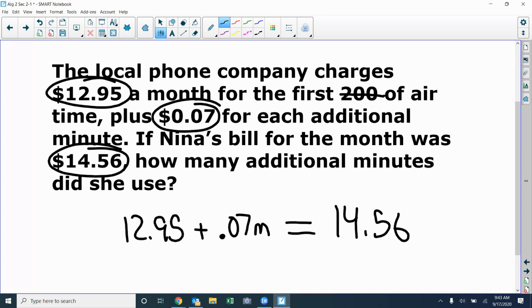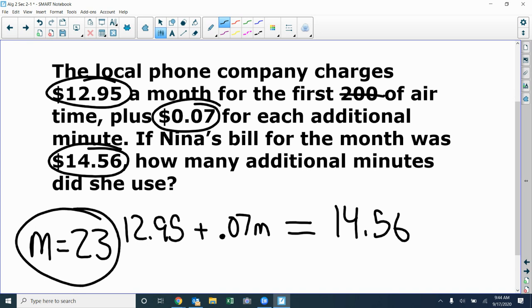And first thing we're gonna do is subtract 12.95 from 14.56. And then, of course, divide by 0.07. And she overpaid a little bit because she went over how many minutes? 23 minutes? 23, one of the most famous numbers in all of basketball, 23.